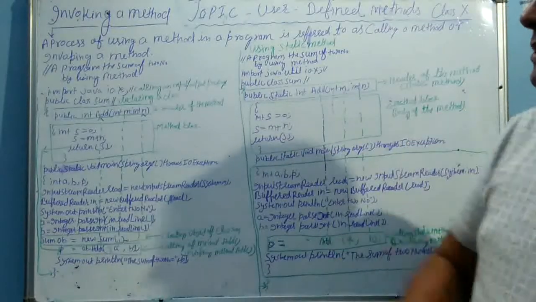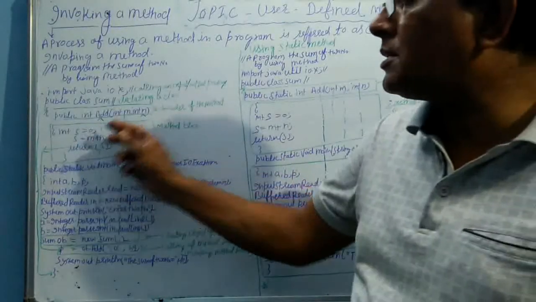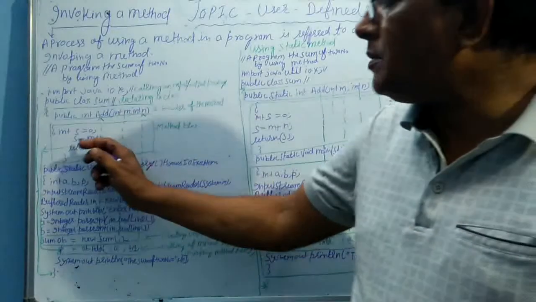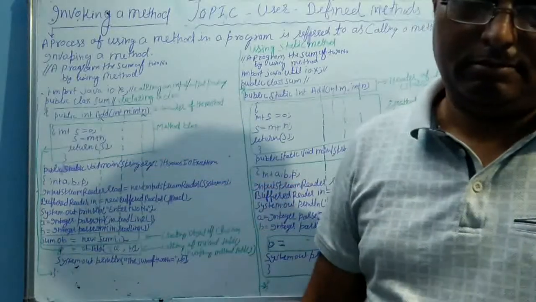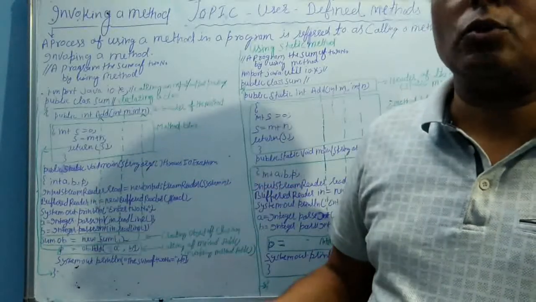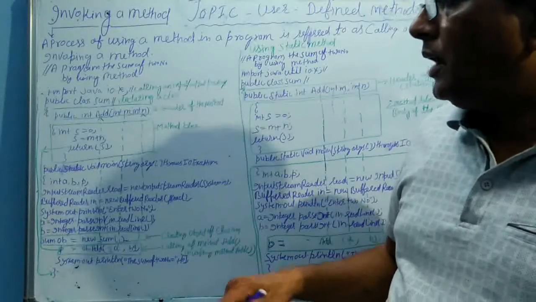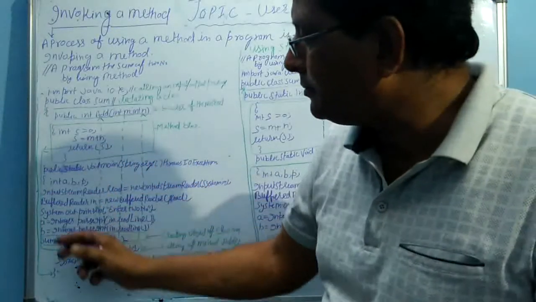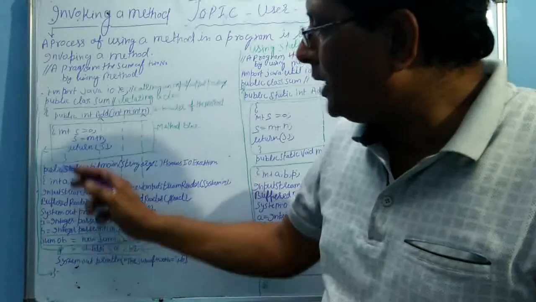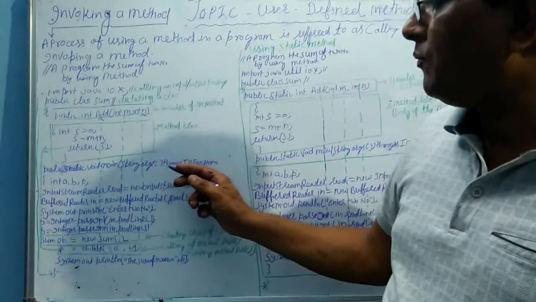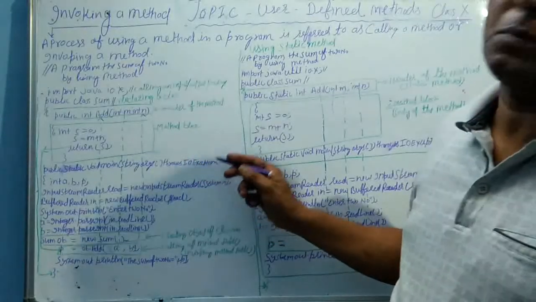Now we have to sum the integer values; the initial value of sum is 0. So sum is equal to m plus n. Whatever values you give, m and n will be stored, and then it will be returned. Then public static void main, String arguments, throws IOException.